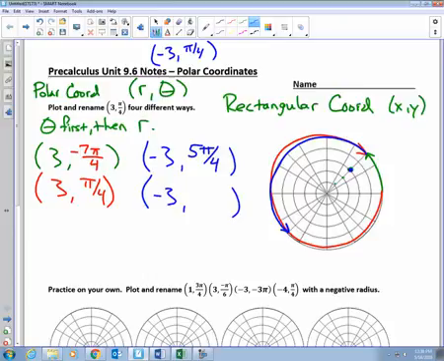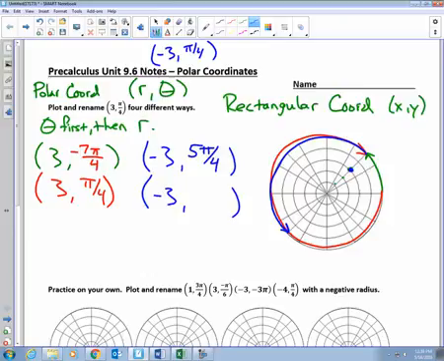Try it again. 5 pi over 4 brings me here, right? Instead of extending 3 units in the direction of the angle, the negative means I move in the opposite direction.